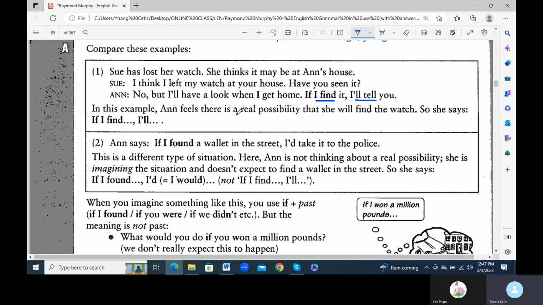Anne feels there is a real possibility that she will find the watch. So she says, if I find, I will. Notice that the verb used is present simple after "if," and the main clause takes "will" plus the base form of the verb. You got it?